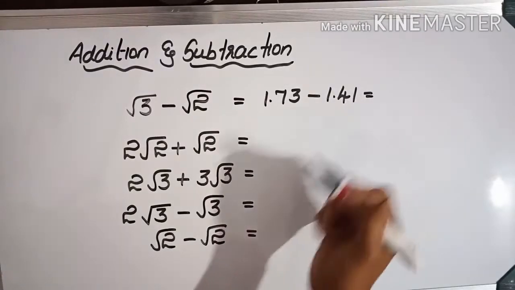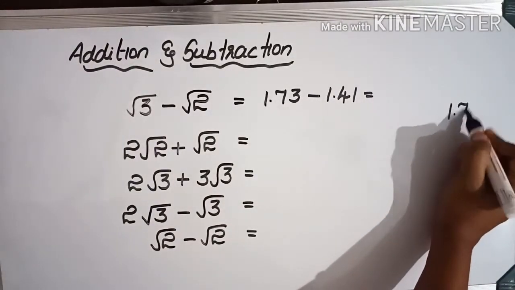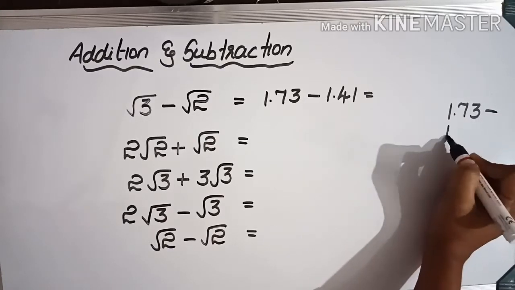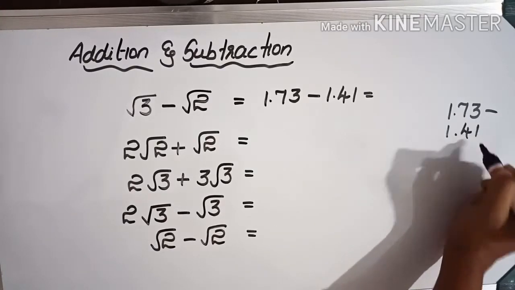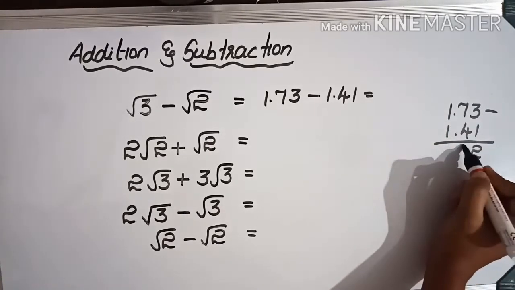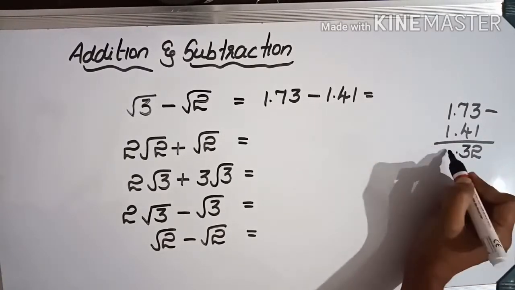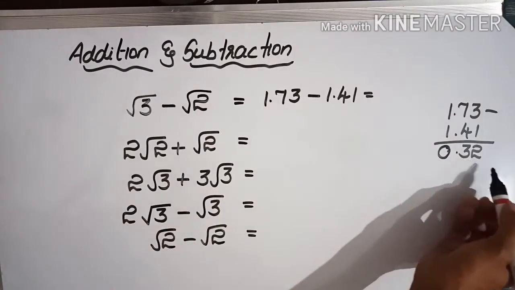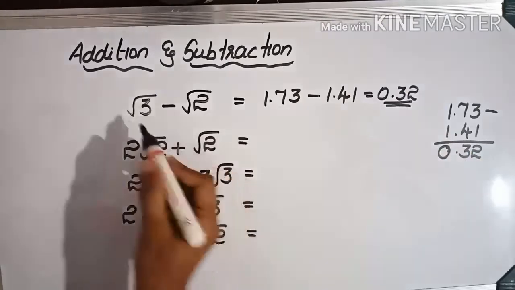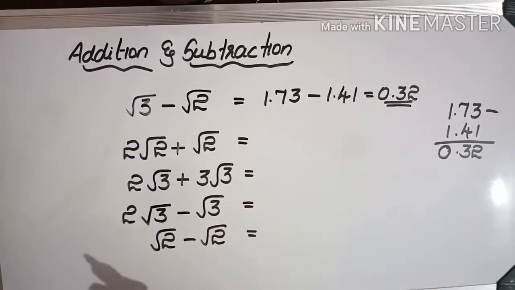Then we subtract like the usual method, that is 1.73 minus 1.41. 3 minus 1, 2, 7 minus 4, 3, then 1 minus 1, 0, that is 0.32. So the answer will be 0.32. Root 3 minus root 2 will be 0.32.